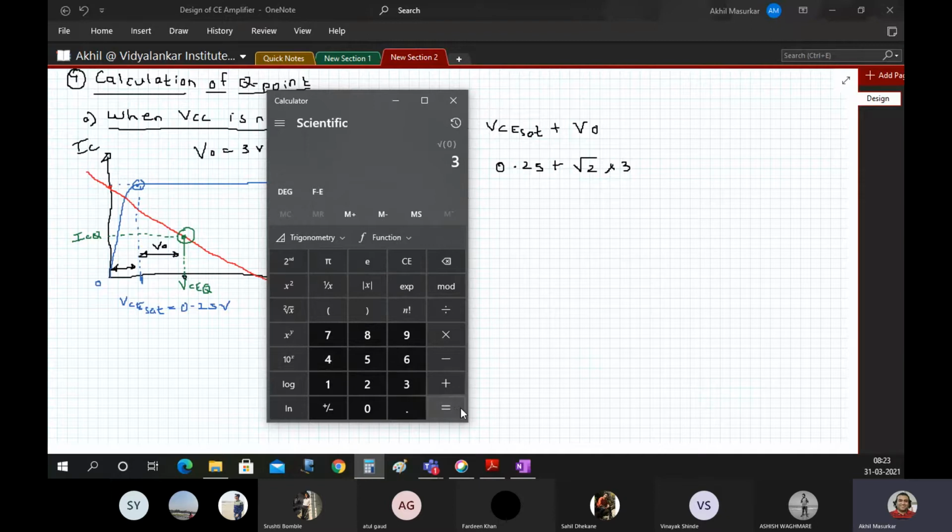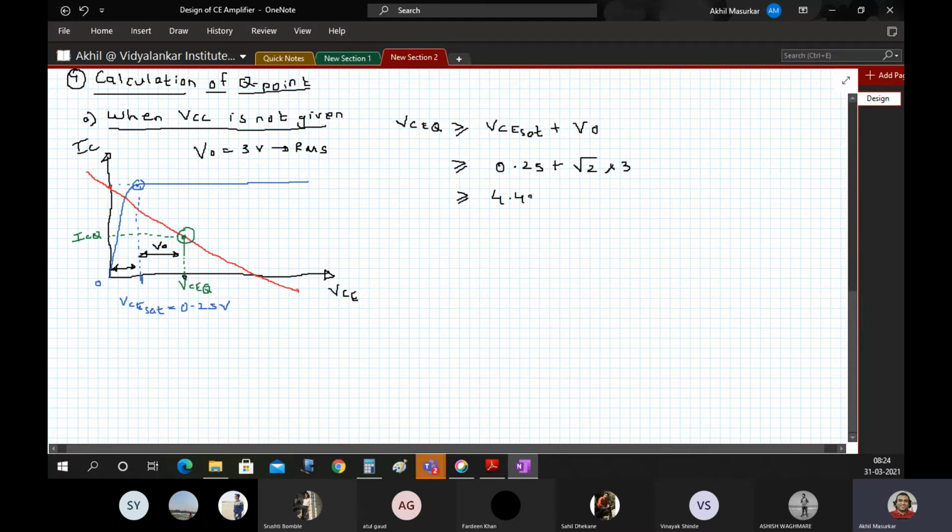Root 2 into 3 plus 0.25, so that is 4.4926 volts.